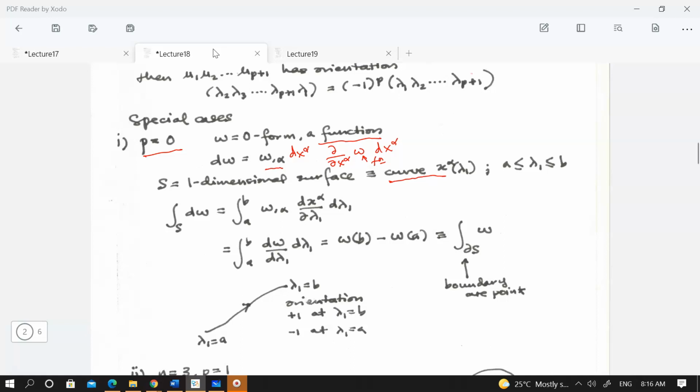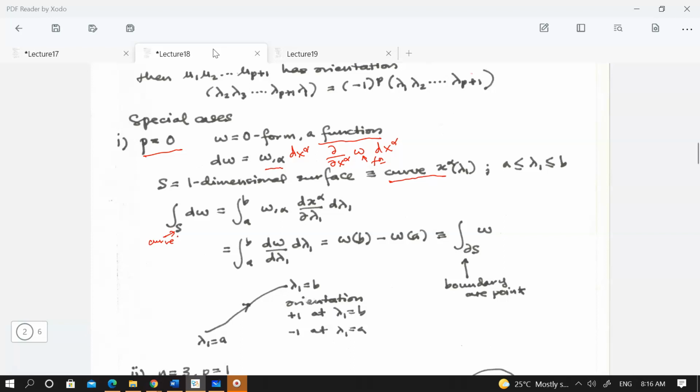This is omega comma alpha, and it has to be integrated over the curve, which is parameterized by lambda.